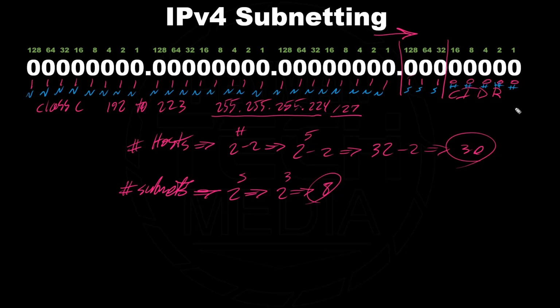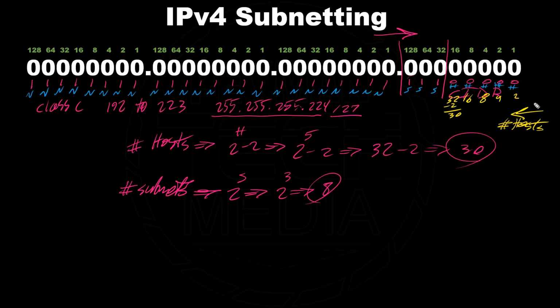I talked about the number of hosts. You can start with the number 2 and go from right to left: 2, 4, 8, 16, 32, minus 2, 30, and we have to do the minus 2. That's the number of hosts.